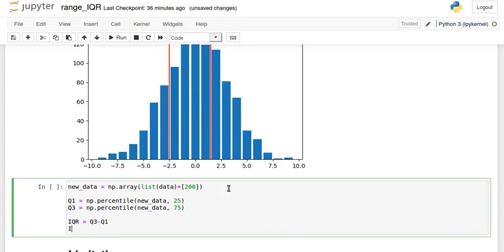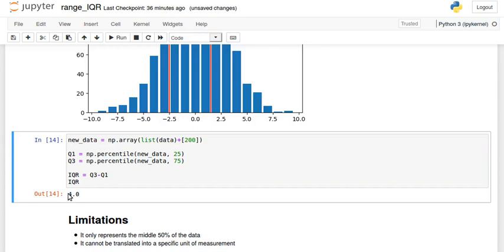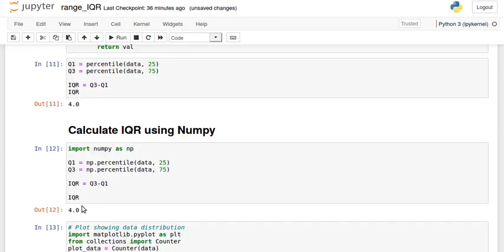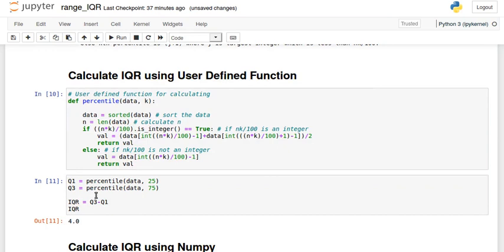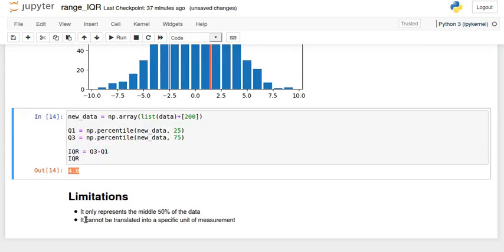So let's check it out. Here you can see that the interquartile range has not shifted, and it is still 4, using the NumPy percentile method and using our user defined method also. So the interquartile range is not sensitive to outliers, as you can see here. It didn't change even after adding a heavy outlier, that is 200.